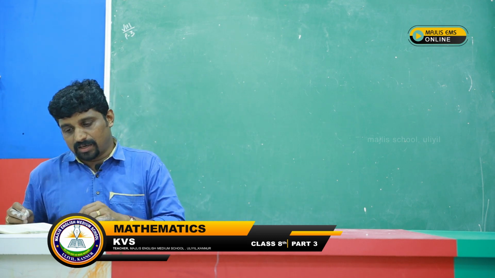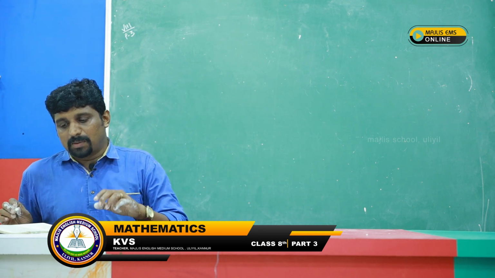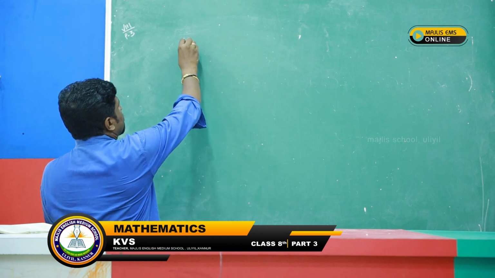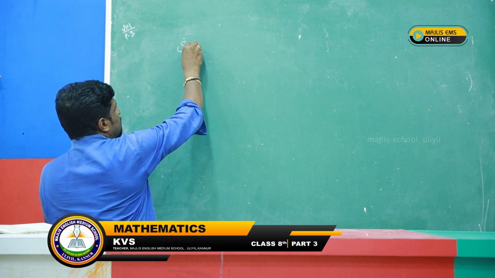Okay, I will read the question like this. Sum of two numbers is 95.